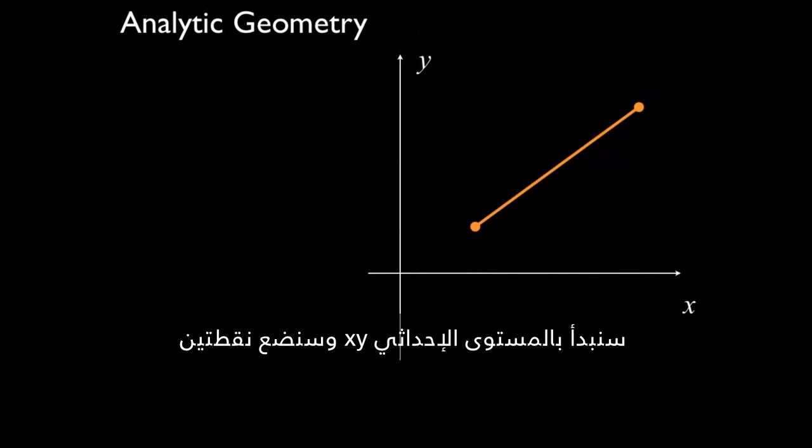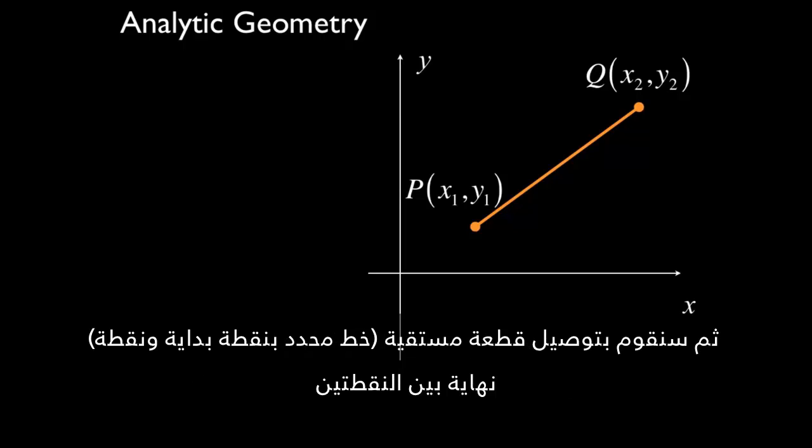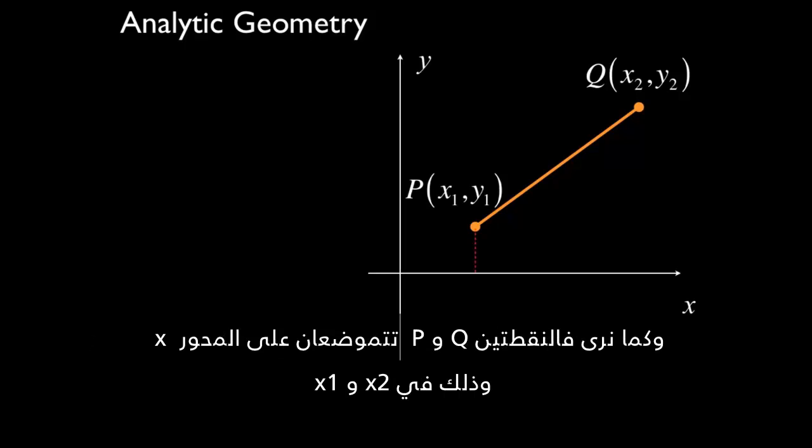We are going to change the way we do this by taking our geometry and putting it on the Cartesian plane. So we begin by taking the xy plane and we place 2 points, P and Q, on that xy plane. The coordinates of those points are x1, y1, and x2, y2, and we connect a line segment between them. Just reading down to the axes, we can see that point P has this x-coordinate x1, and point Q has this x-coordinate x2.